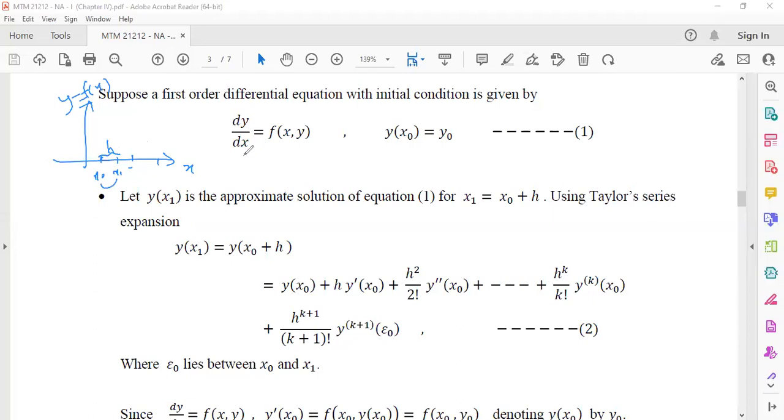Now, x1 can be written in terms of x naught as x naught plus 1 times h. Similarly, if you want x2, you can say x1 plus h, or using x naught, it will be x naught plus h plus h, which is x naught plus 2h.